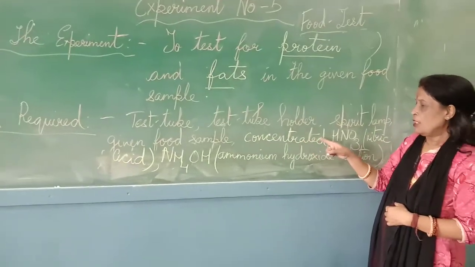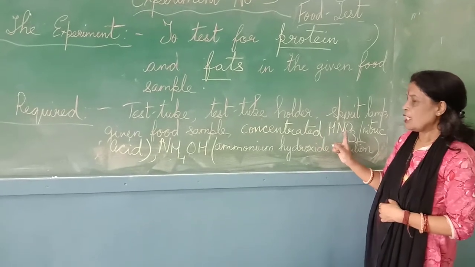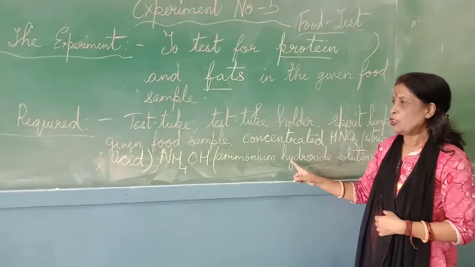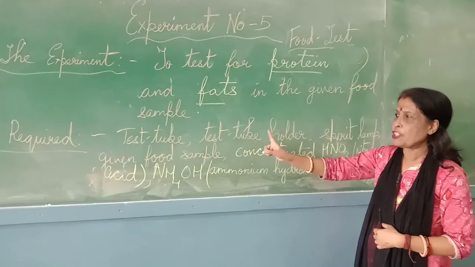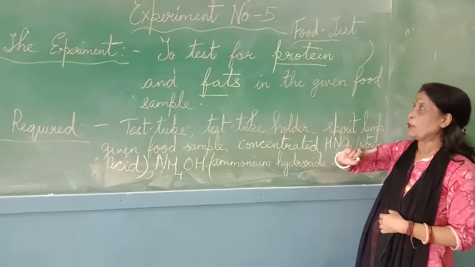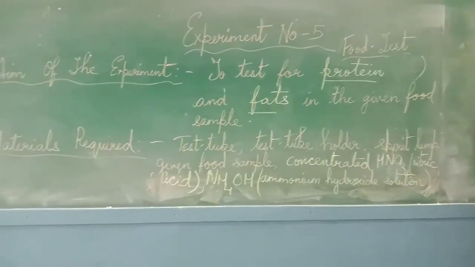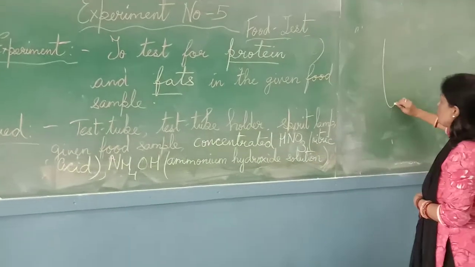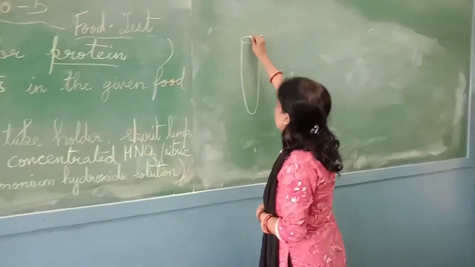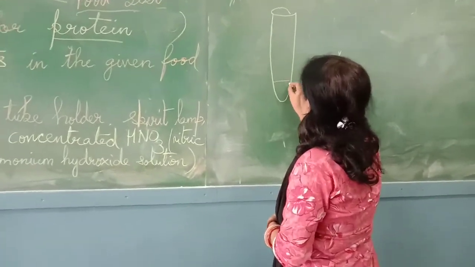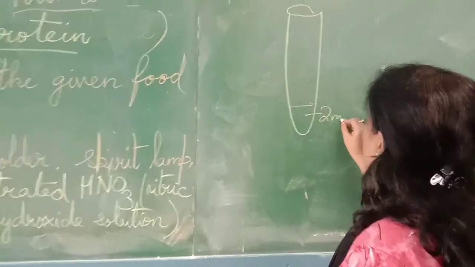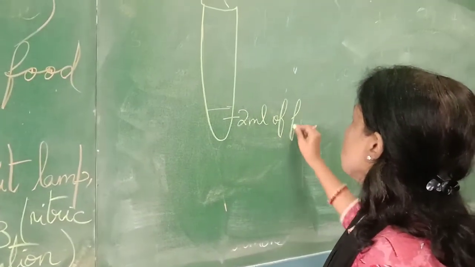You have concentrated nitric acid, ammonium hydroxide, a test tube holder, and the given food sample. Now, what do you do? In a test tube, you add 2 ml of the food sample. Got it?